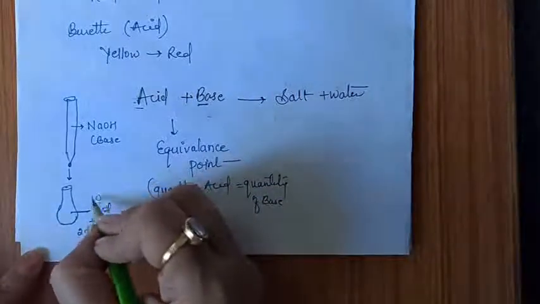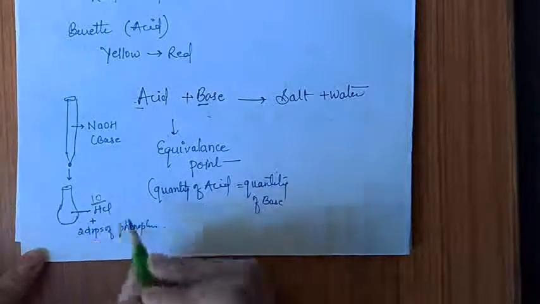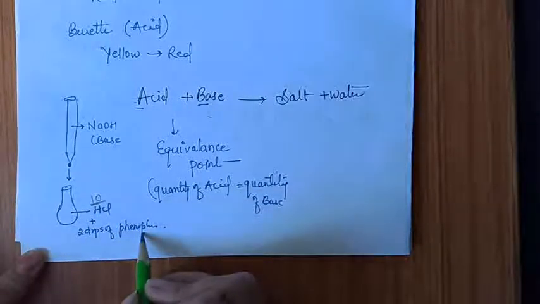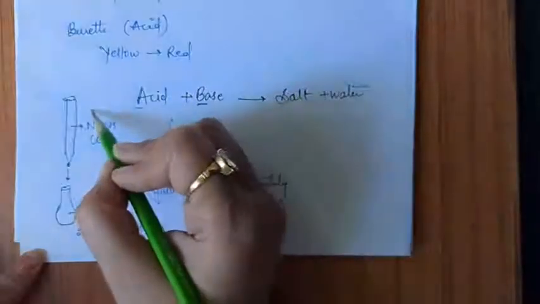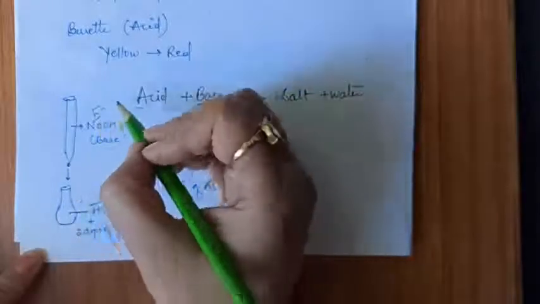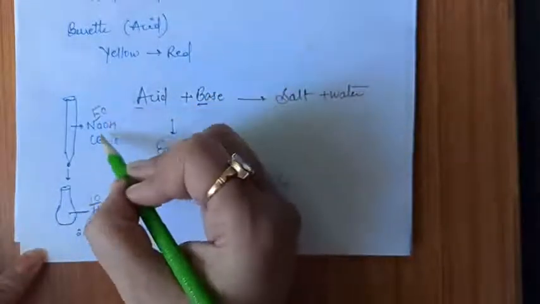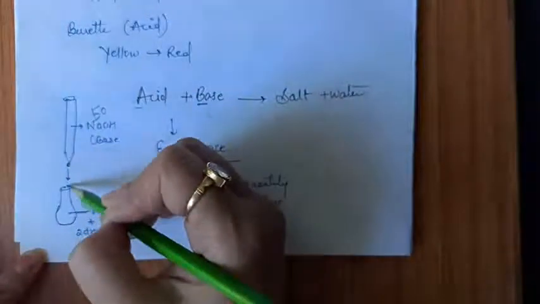Supposingly you have taken 10 HCl molecules in this flask, you have added 2 drops of phenolphthalein as indicator, and you have filled 50 molecules of NaOH here. So you are pouring NaOH from here.